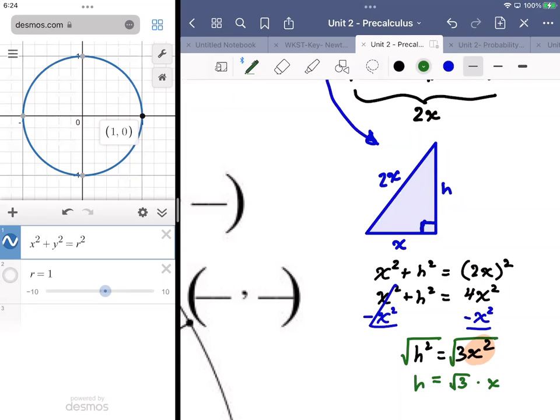So that tells me that the length of this side in the 30, 60, 90 right triangle would be radical 3 times x, or x radical 3 if you want, either way. And we're going to need this information in a minute.